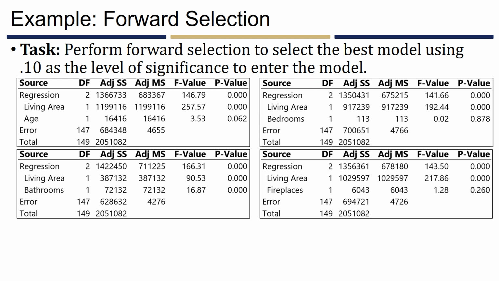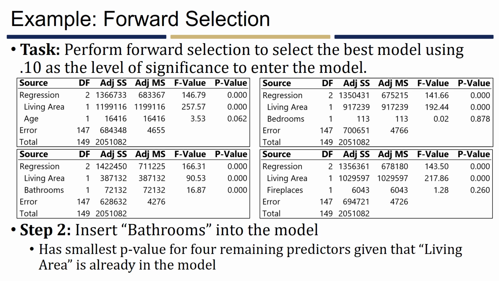Now, what we see here is that the number of bathrooms should be entered into the model next. Out of the 4 contenders, the number of bathrooms has the smallest p-value. It's less than 0.001. Looking at age, that had a p-value of 0.062, so although it's less than 0.1 and would have been a contender for being added in, its p-value was not less than the p-value for the number of bathrooms.